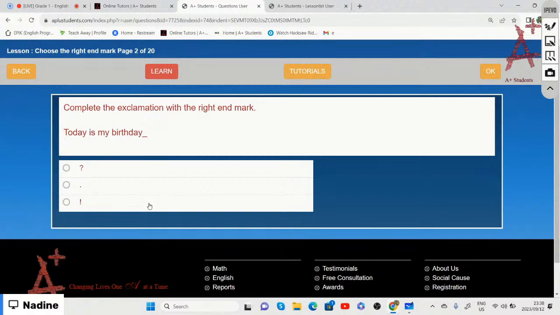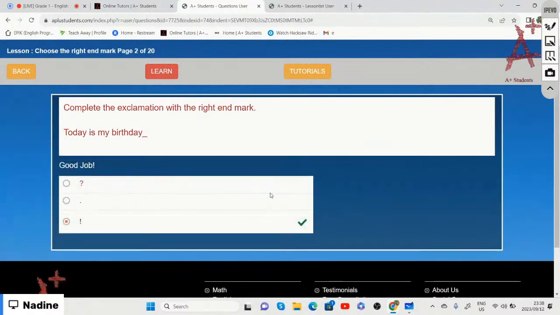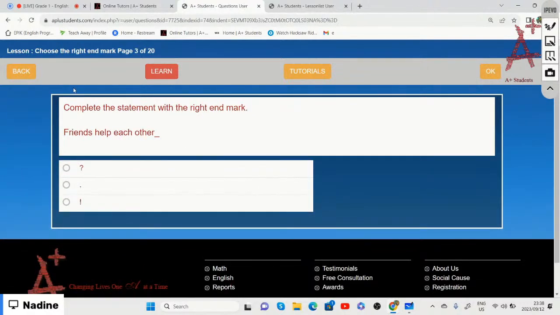If we complete the exclamation with the right end mark, we will choose the exclamation point, because an exclamation sentence ends with an exclamation point. And if you have that, then well done.